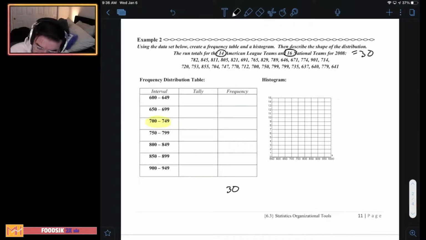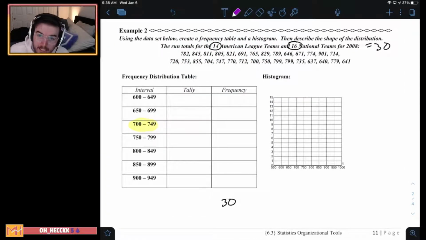So let's just tally up what we see here, and I'll cross them out. You honestly might put me at 2 times speed while I do this, right? Because it's really not that hard to count. So 600 to 649. So where are my numbers? Here's 641. So there's 1, 2, 3, 4.